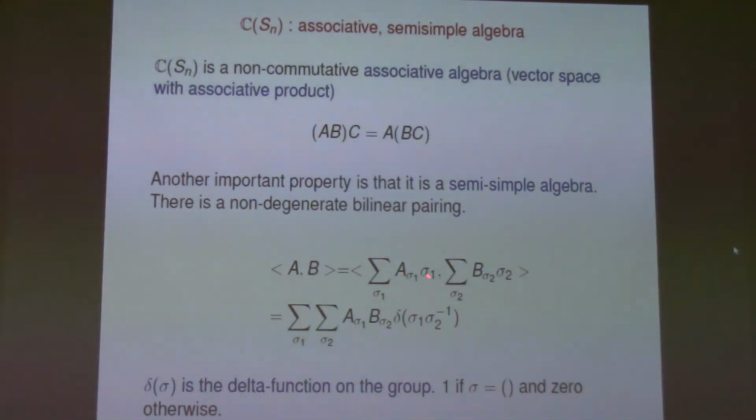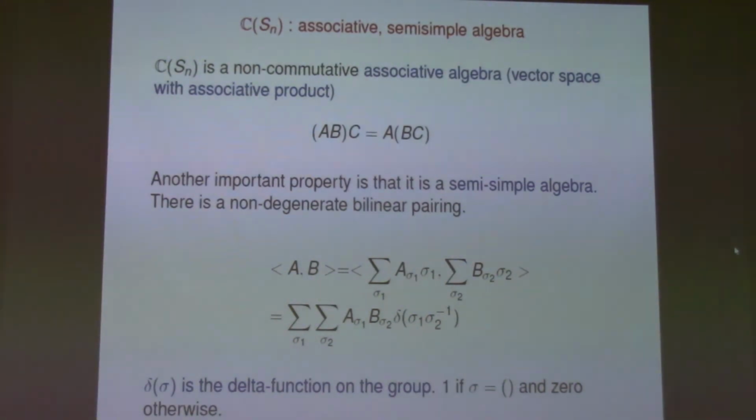How do you get a number? You take a linear combination here and another linear combination here. How do you define this number? Well, you take the product of these coefficients, you sum, and you take the delta function of sigma 1 times sigma 2 inverse. This is the group delta function. It is defined to be 1 if this is the identity element, and 0 if this is not the identity element.